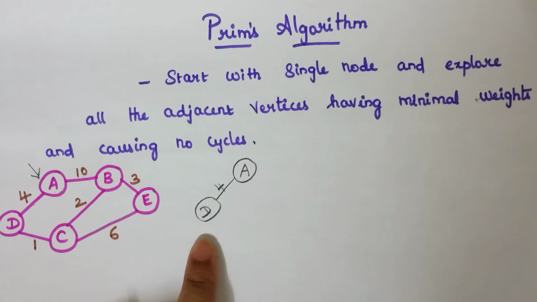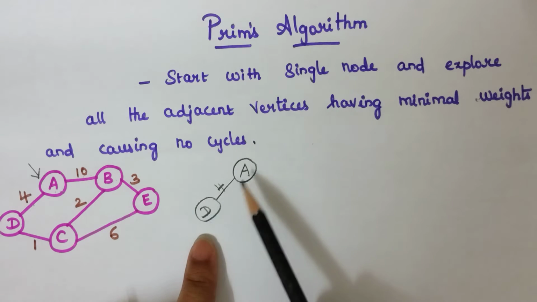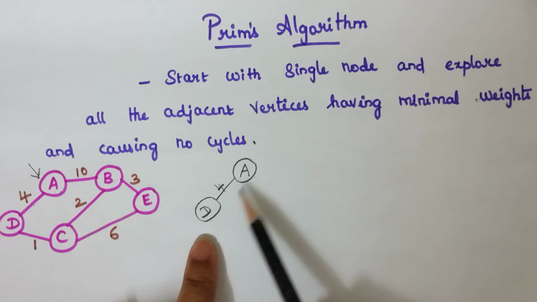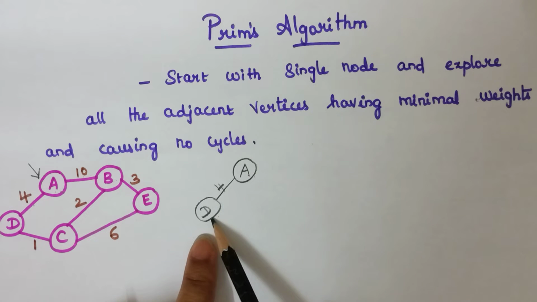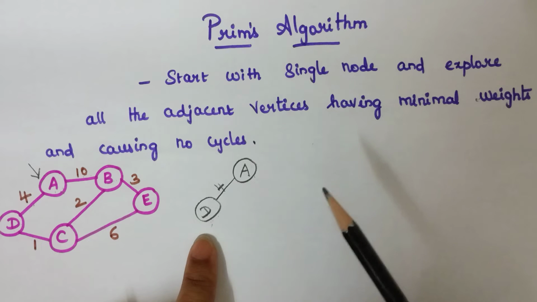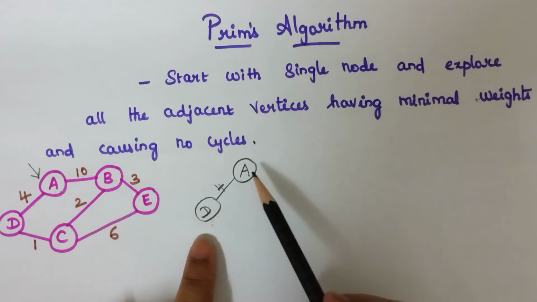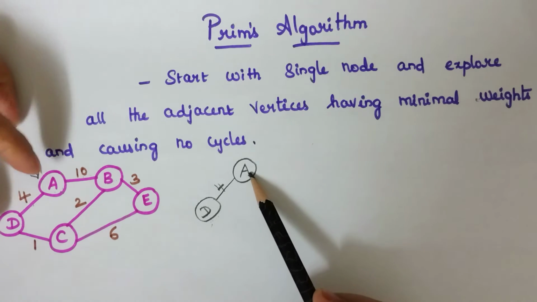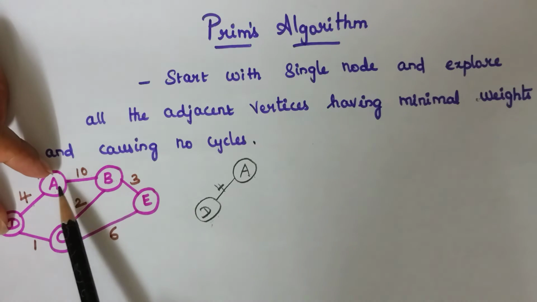Now, what is the second step? In the second step you need to do the same: considering the vertices you have chosen, find the adjacent vertices, and among those adjacents, pick the one with the minimum weight, considering it shouldn't cause any cycle in my spanning tree. Here I am choosing A and D. What are the adjacents of A and D?